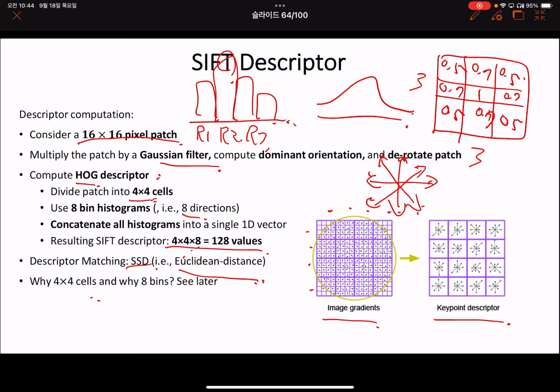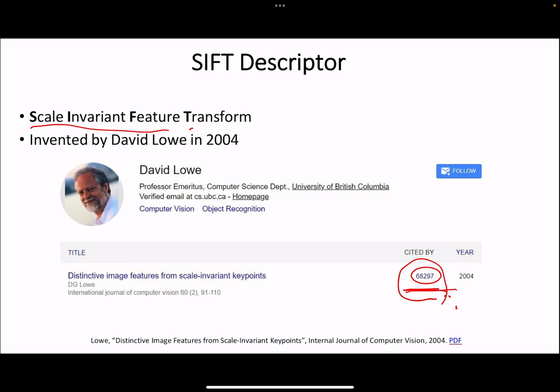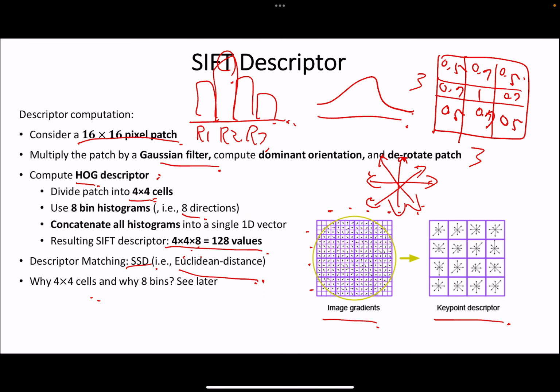The author, David Lowe, tested multiple combinations of the size of the cell and the number of bins, and he found that the combination of 4 by 4 cells and 8 bins works the best for the majority of images. We will see this later. So anyway, this is just a very brief description of computing the SIFT descriptor from images.